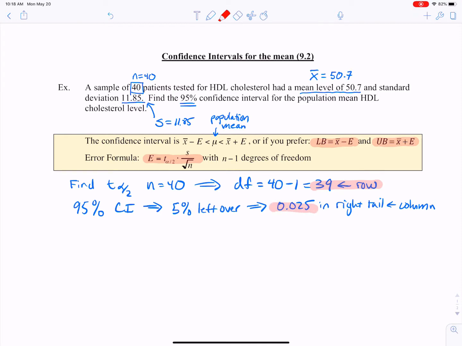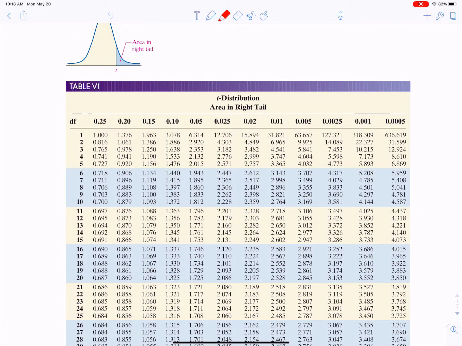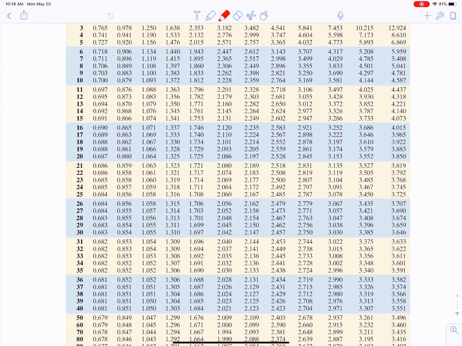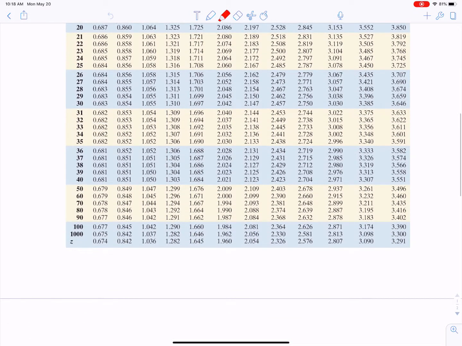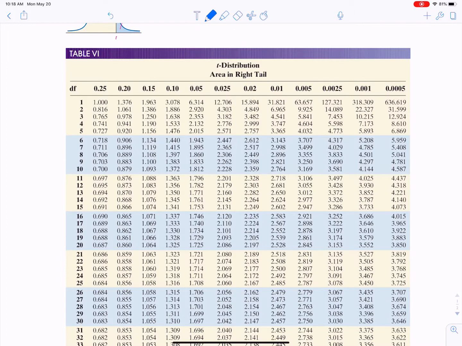All right, now let's flip over and look at the table. Okay, so here's the table. So we're looking in the row 39, so I'm going to scroll down to 39 here. 39 is right here. Here's the row for 39 going across there. And we want the column to be 0.025.